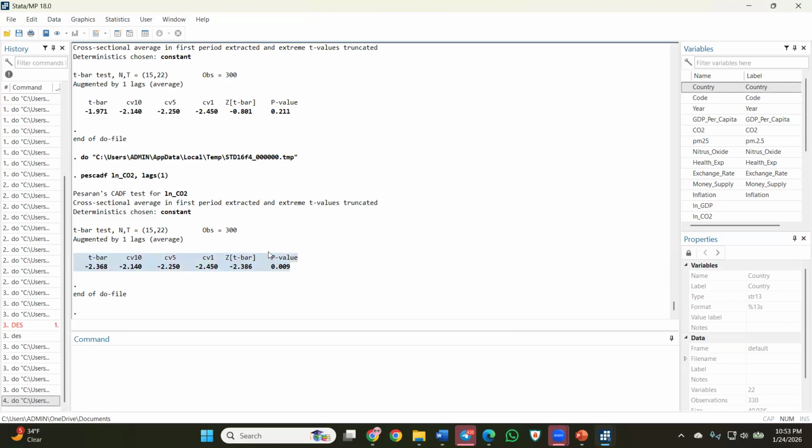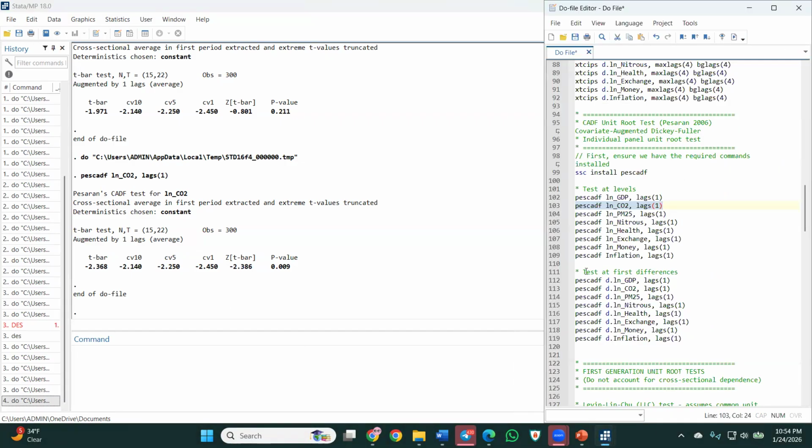And also the p-value supports the rejection of the null hypothesis of non-stationarity. But if you are using the 1%, then you can say that it is non-stationary. But we are using the 5% critical value. Okay. So let's run for all the other results.